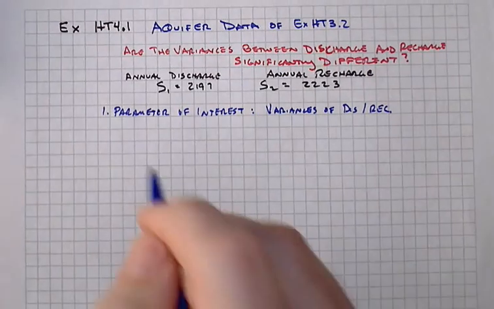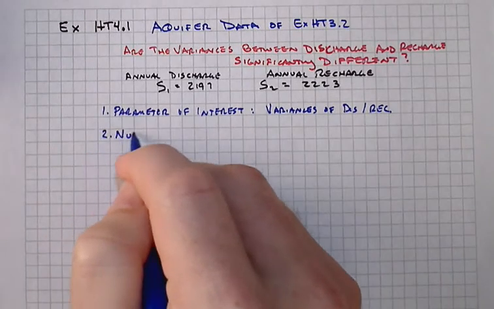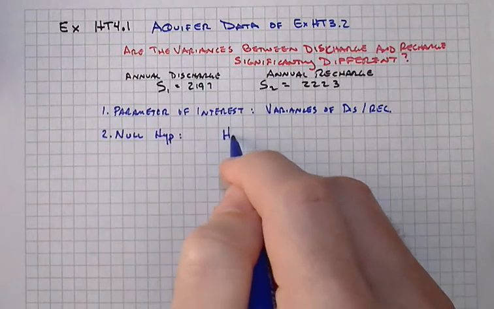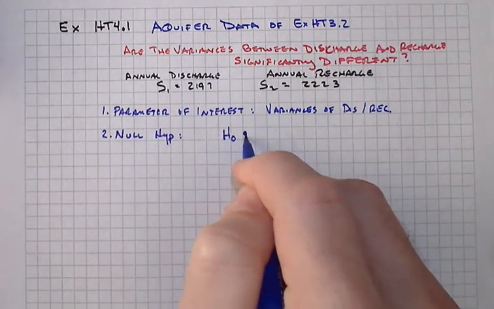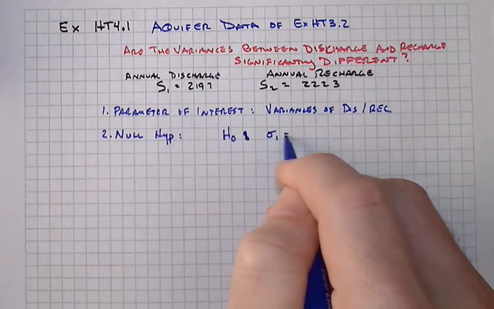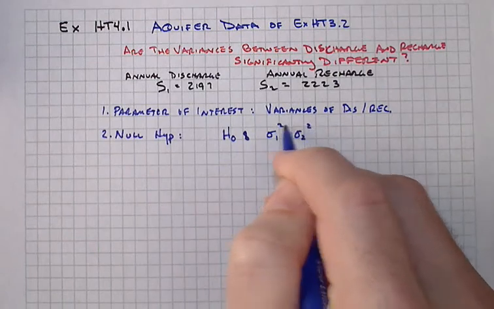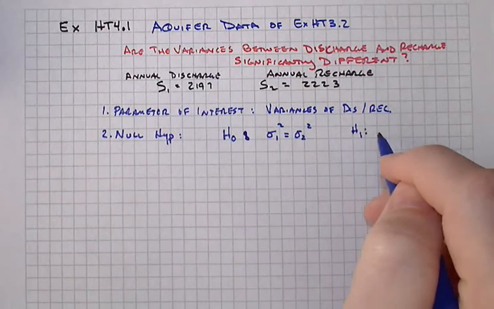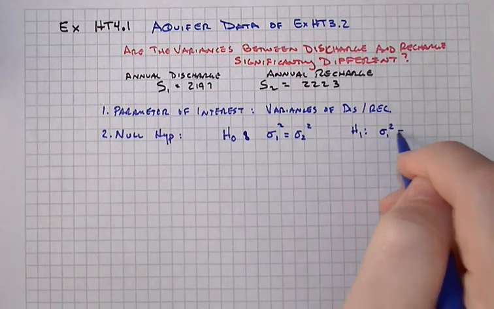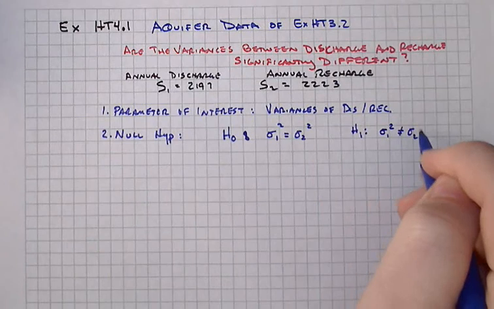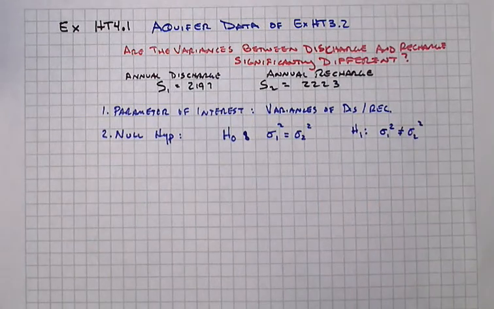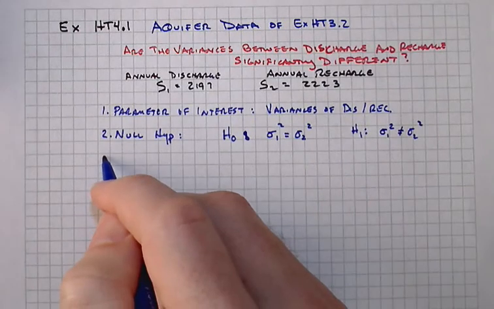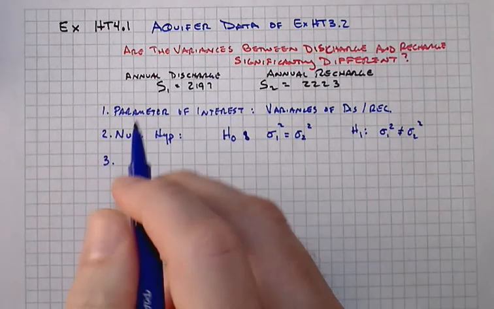The null hypothesis is going to be that sigma 1 is equal to sigma 2, or the variances are the same. The alternative hypothesis is that they're not, so this will be a two-sided test. And we'll look at this ultimately at the alpha 0.05 level.